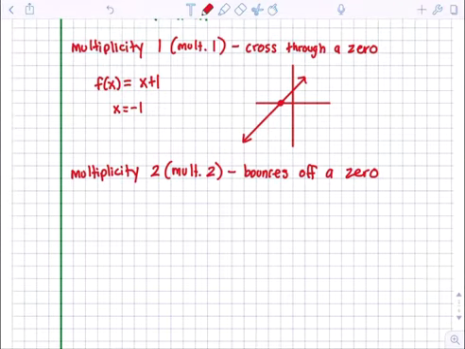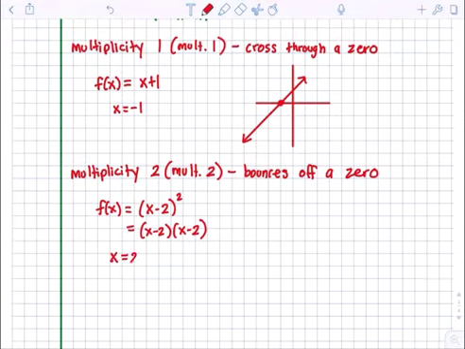If we had f of x is equal to x minus 2 squared, notice that this is the same thing as saying x minus 2 times x minus 2. So that means if we were to locate a 0, x would have to equal 2, but there are 2 of them. There are 2 zeros at 2.